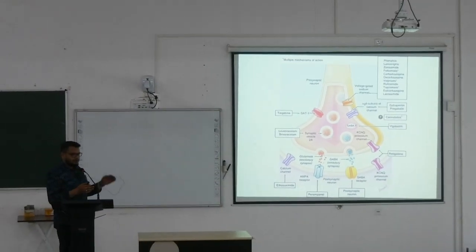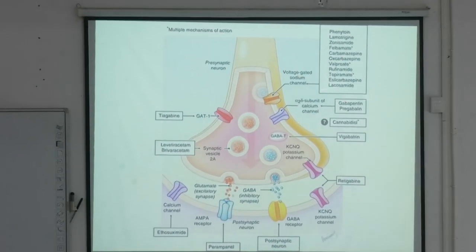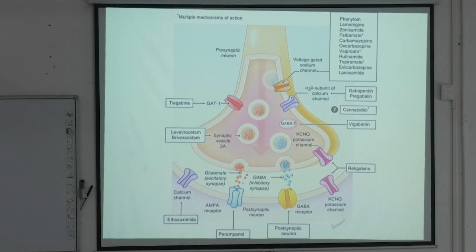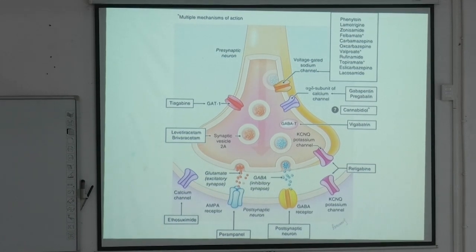So you see, what is this? Can you say? This is a nerve ending, right? Neuronal junction. So it may be GABA, it may be glutamate. Yes.